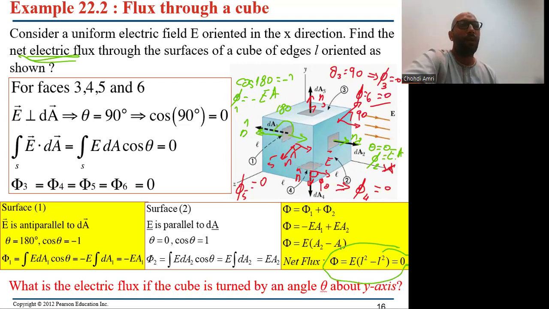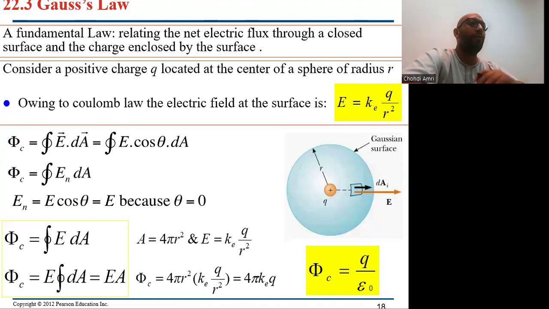We will take some other case. A fundamental law relating the net electric flux through a closed surface and the charge enclosed by this surface is what is called Gauss's law. So today we will talk in this part about Gauss's law. Gauss's law gives a relationship between the net electric flux through a closed surface and the charge enclosed by this surface.